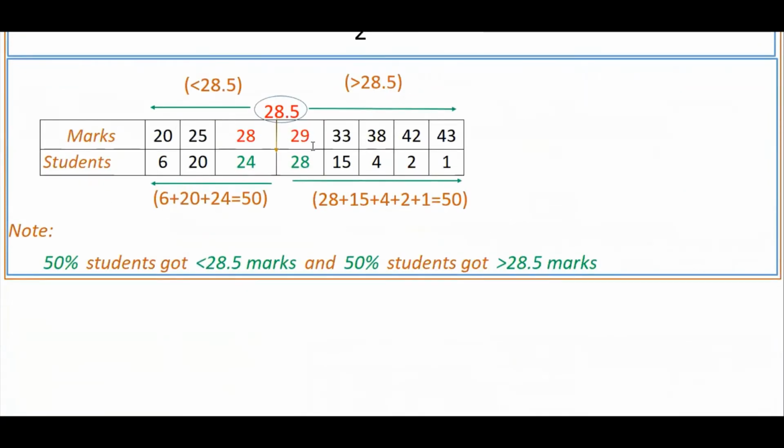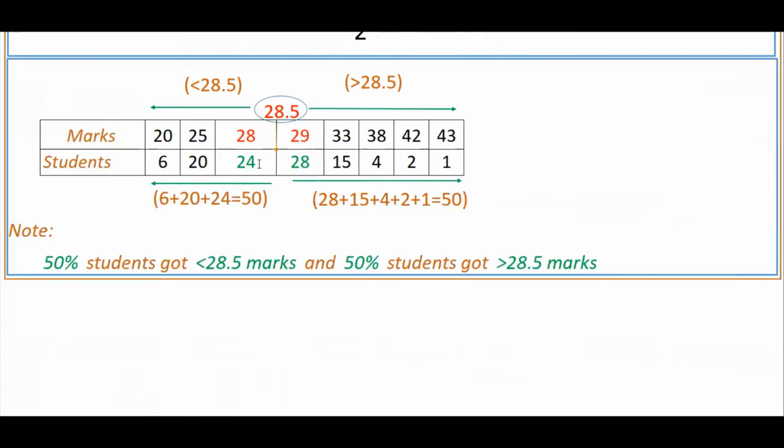From this figure, you can easily understand this. Here these are the marks and these are the students, and 28.5 is in between these two numbers, 28 and 29. If you observe, these marks 20, 25, 28 are all less than 28.5. And these marks 29, 30, 33, 38, 42, 43, all are greater than 28.5.